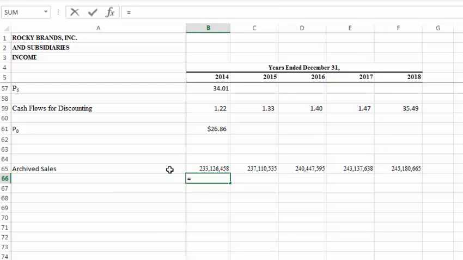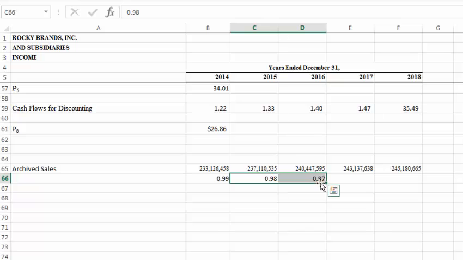And I'm going to say this one, let's assume, is 0.99. Let's bring it down 1%. I'll bring that down 2%. I'll bring this one down 3%. And I think I'm just going to have it do the rest of them.